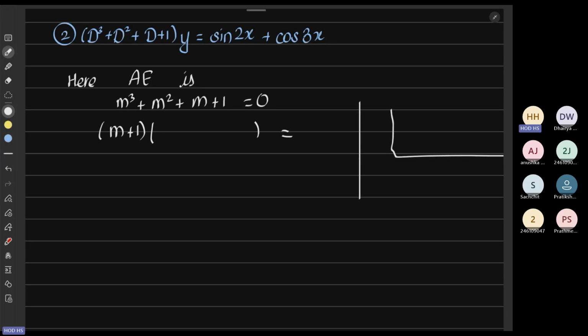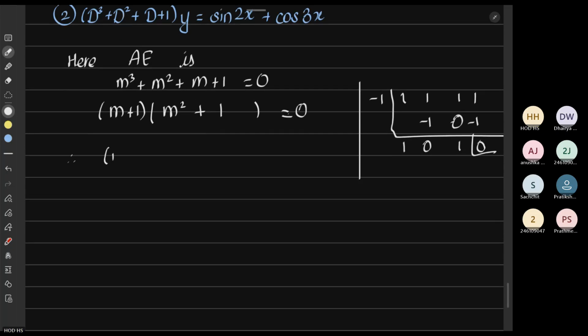To find that bracket, I'll rewrite all the coefficients and use minus 1 as a root. So it will be minus 1, 0, then 0. I will get 1 and minus 1, again 0. So I will get m square plus 1 is equal to 0. Therefore, I will have m plus 1, m plus iota, and m minus iota is equal to 0.